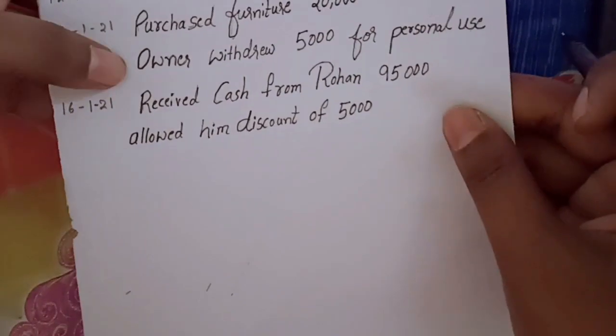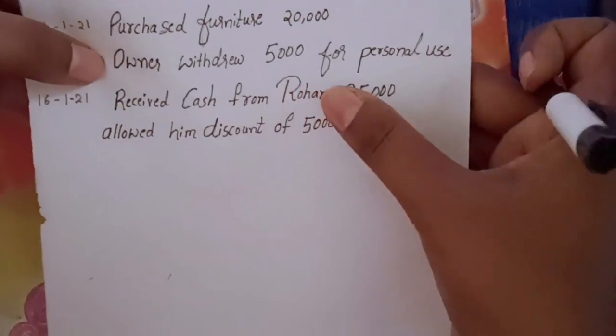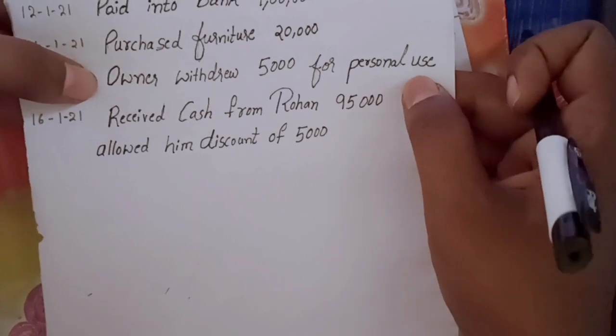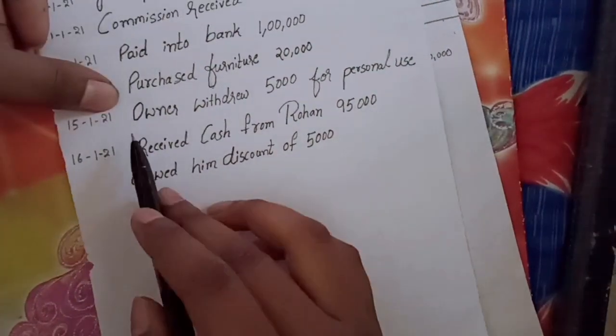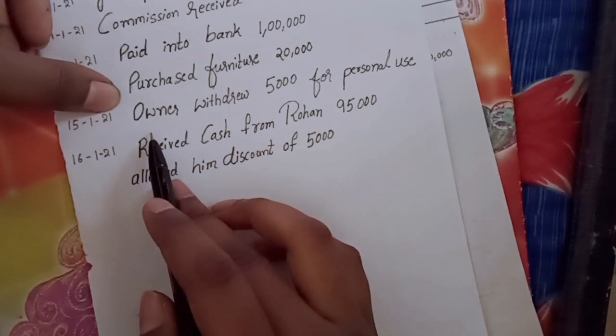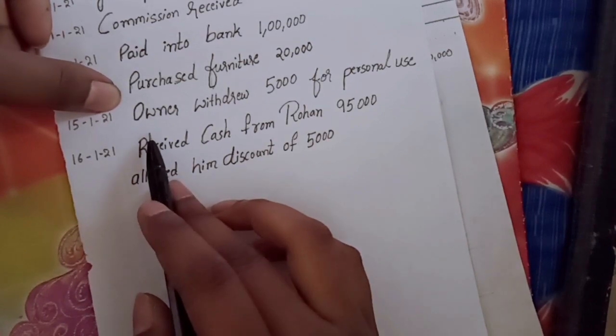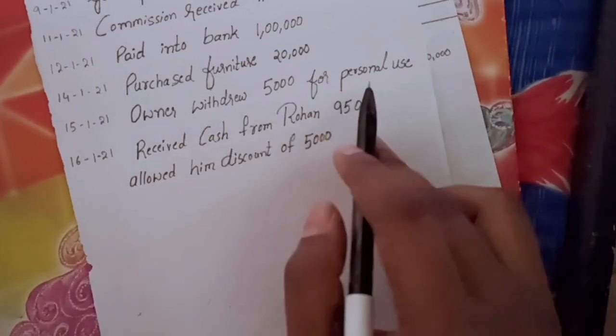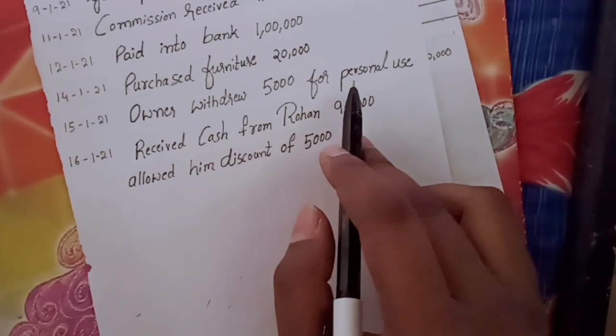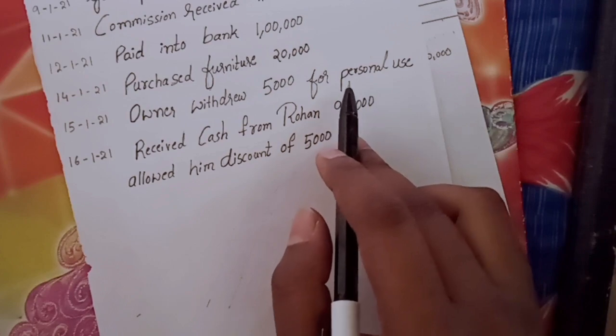Next one, owner withdrew 5,000 rupees for personal use. So we discussed earlier that an owner and business are two separate entities. So here the owner is taking money for personal use. So personal use are considered as drawings.